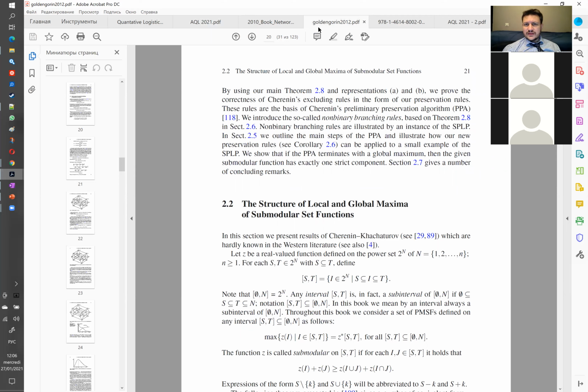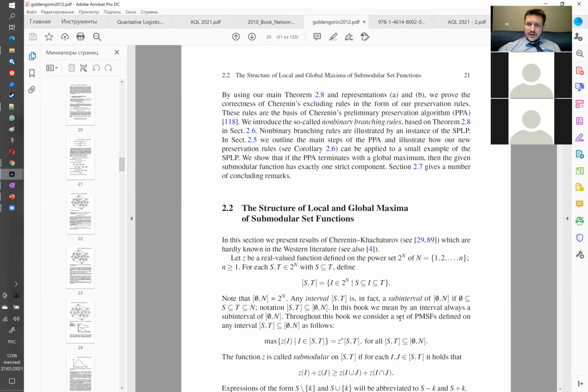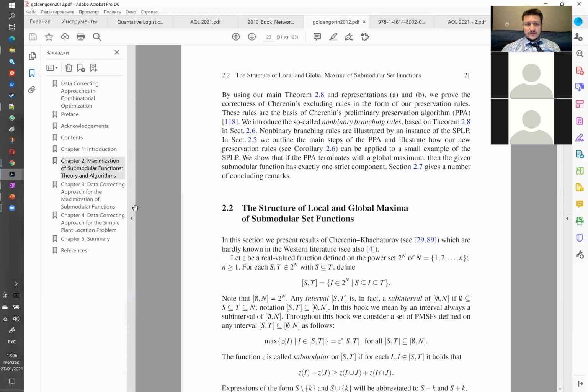Goldengorin, 2012. Here you can check. There is a description. We can check the structure of this book. So we have data correction and introduction and so on.